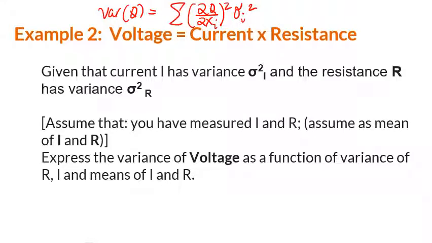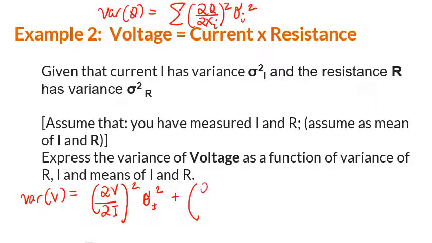So if you are trying to estimate your voltage, the variance of our voltage is given by the partial of V with respect to I, squared, times sigma I squared, plus the partial of V with respect to R, squared, sigma R squared.